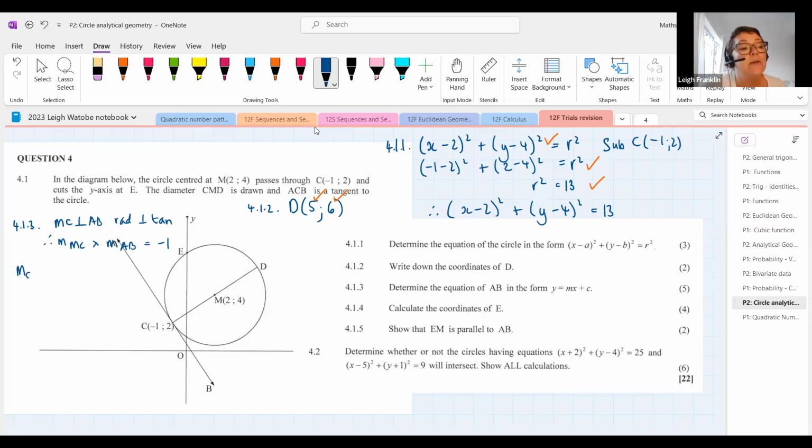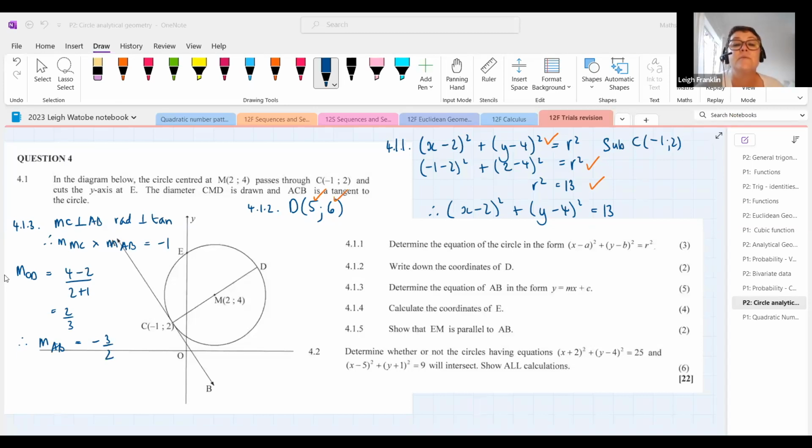So the gradient of CD is going to be 4 minus 2 over 2 plus 1. So that's going to give us 2 over 3. So the gradient of AB is going to be equal to -3 over 2.